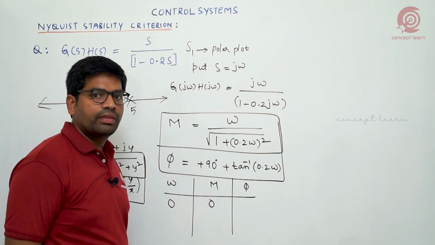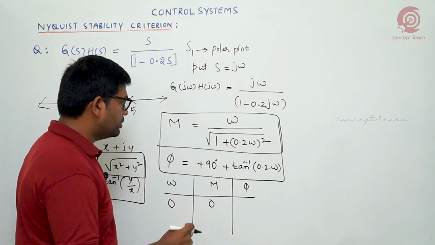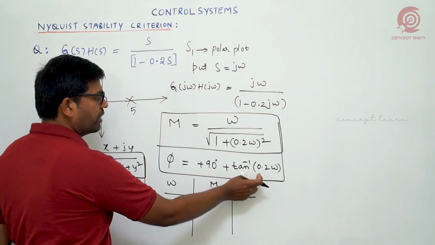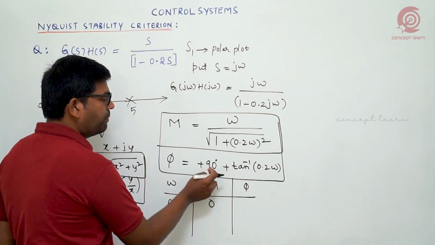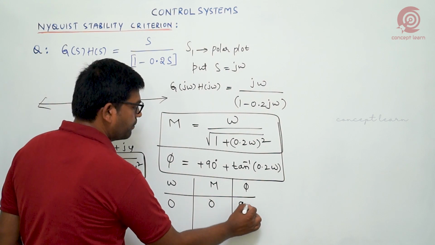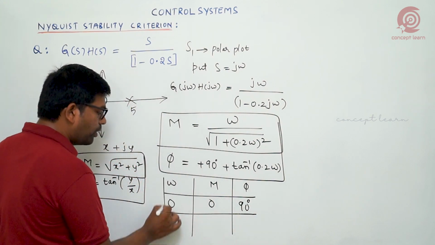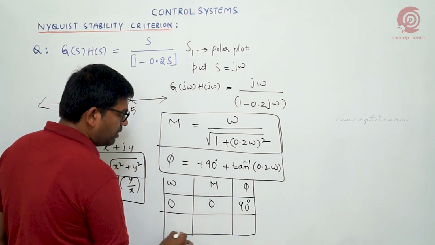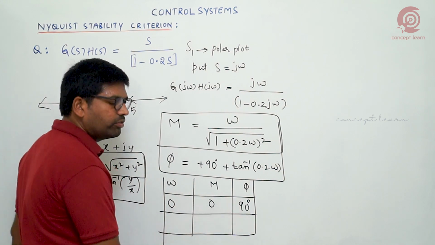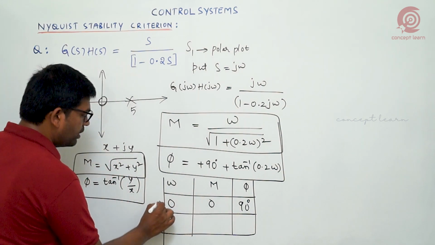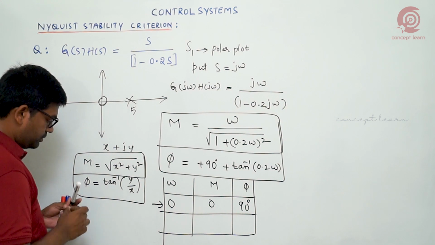Tan inverse 0 is 0, plus 90, so that is the phase angle. So what is the starting point of the polar plot? 0 at an angle of 90. This is the starting point.